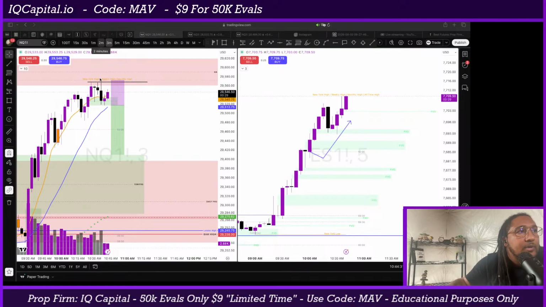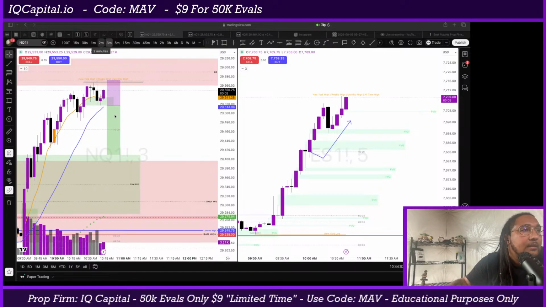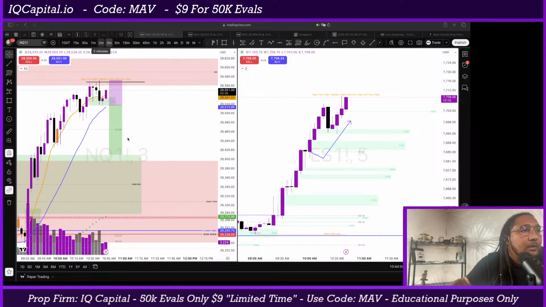We did wick up to break these highs, which is in alignment with this bearish higher time frame 4-hour PD array. So we got about 6 minutes left into that 1050 macro, so we're just going to hang out here, be a little patient, wait to see if we can inverse this 3-minute and jump into a short here on NQ.